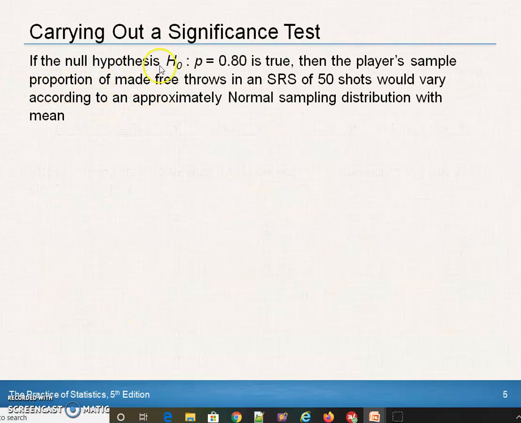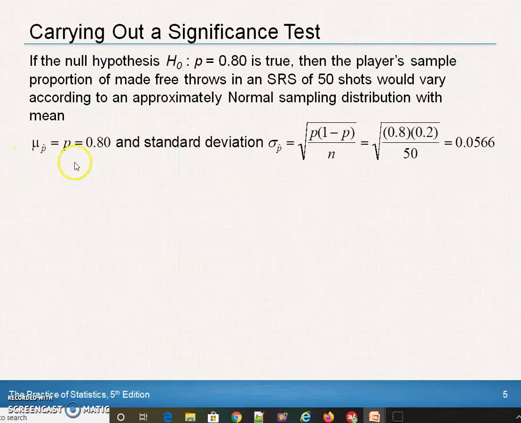So the null hypothesis, H sub 0, p equals 0.80, if it's true, the player's sample proportion of made free throws would vary according to a normal distribution. Mu sub p-hat would be that 0.80. The standard deviation, sigma sub p-hat, is the square root of pq over n.